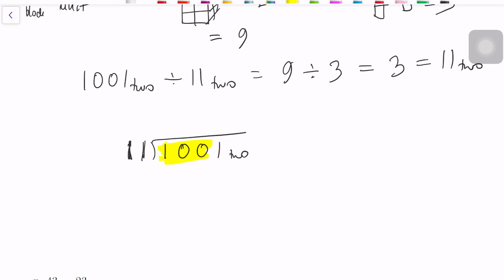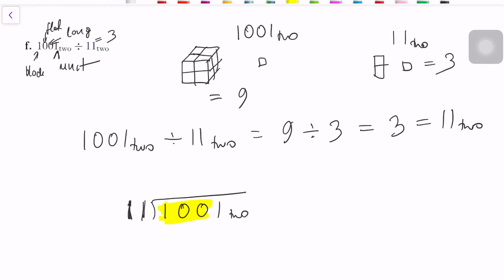Because one block will have one flat, 1 0 0 is 1 flat, right? Should fit it once, right? Because in 1 flat, I want to fit 1 long and 1 unit. I won't be able to fit it more than 1 long, right? And 1 unit, I can only fit once in 1 flat.